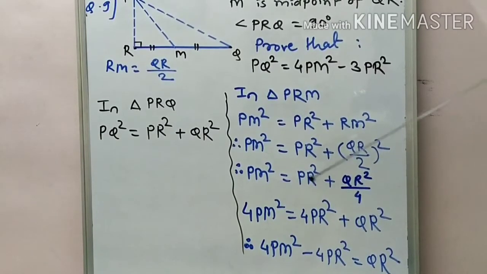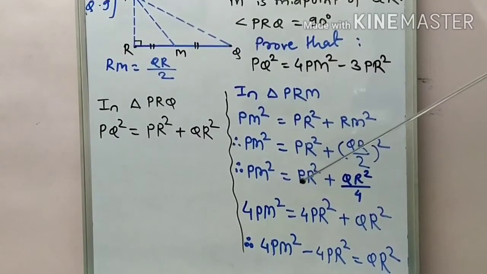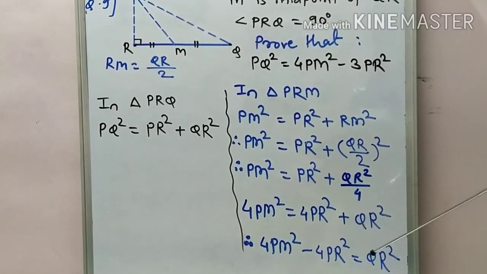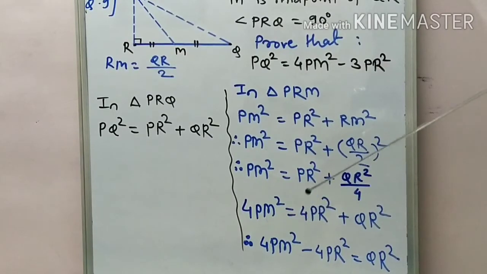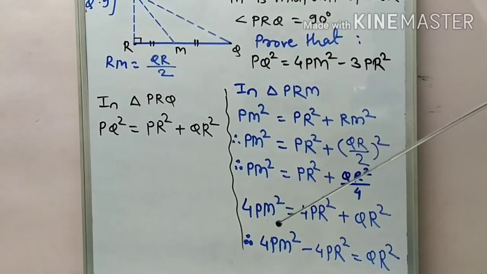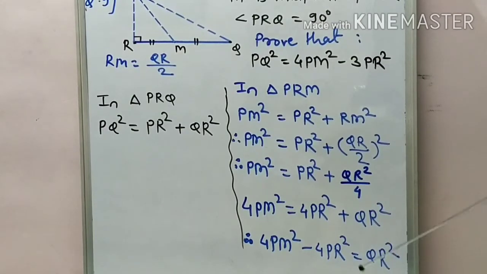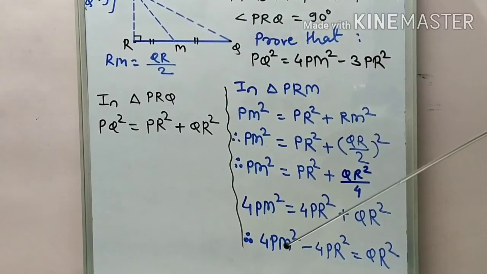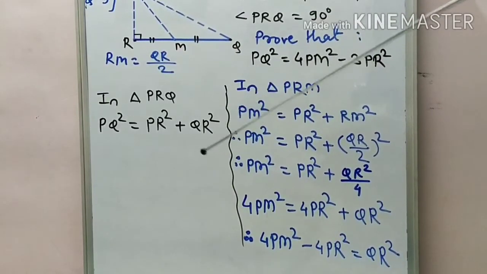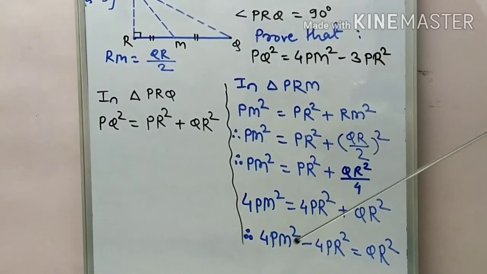Here the 4 eliminates, and QR square equals 4PM square, and taking the term 4PR square to the left, 4PM square minus 4PR square is equal to QR square. This means we get the value of QR square in terms of PM square, and now we replace QR square by this value.